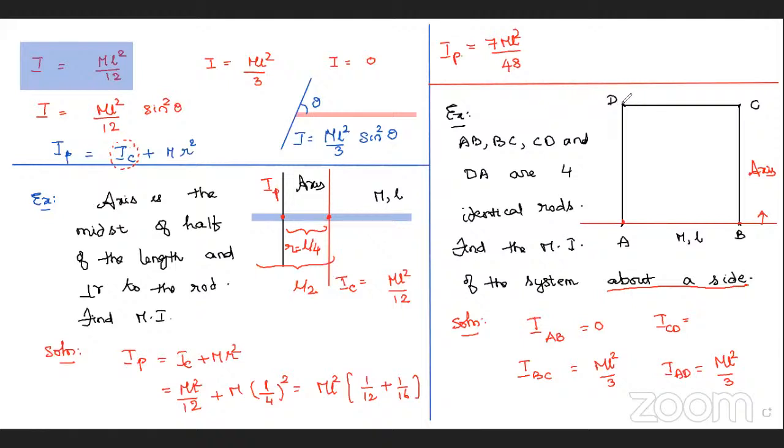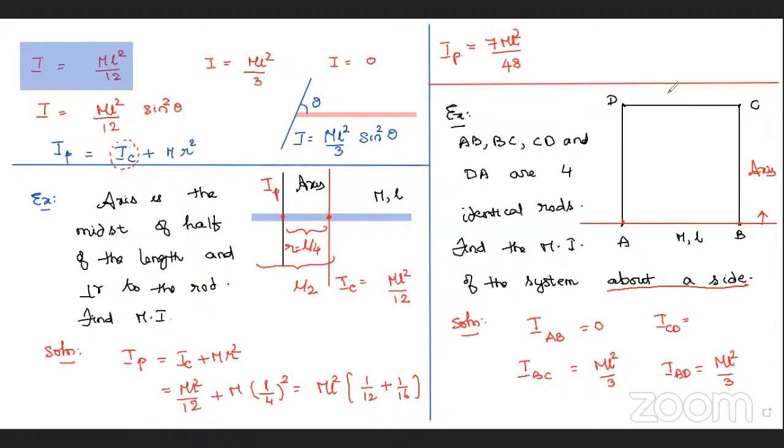Right. That is not correct. Why? Because it is completely out, first of all, we have to apply the parallel axis theorem. Only for DC, I'm asking.